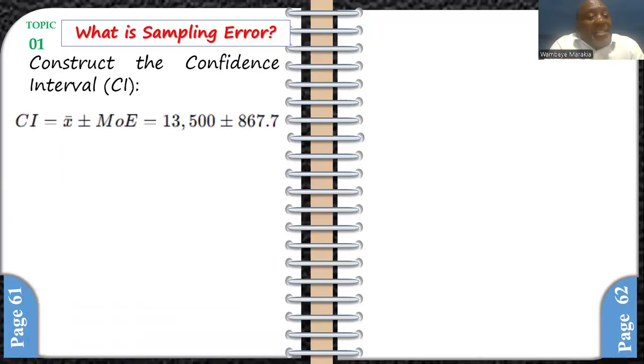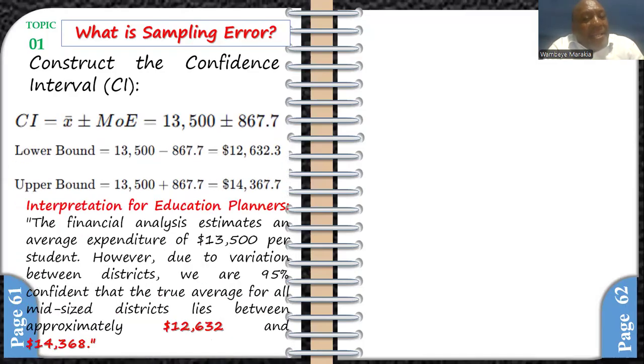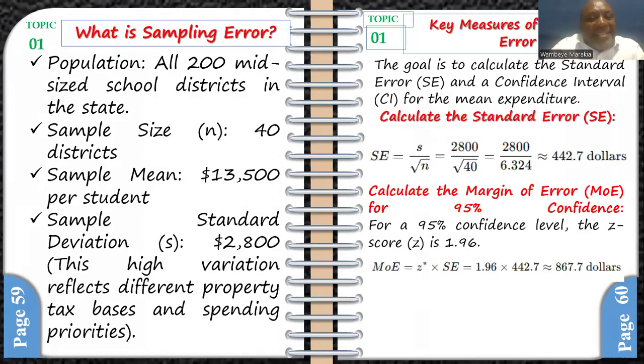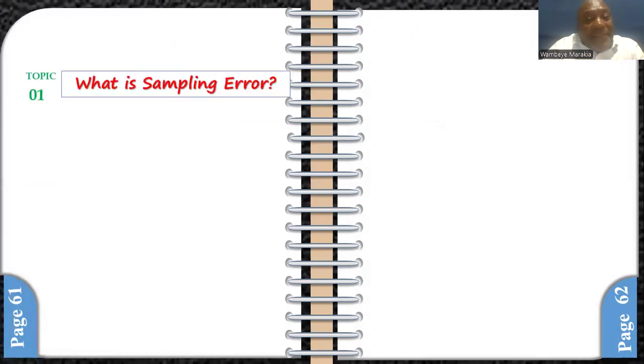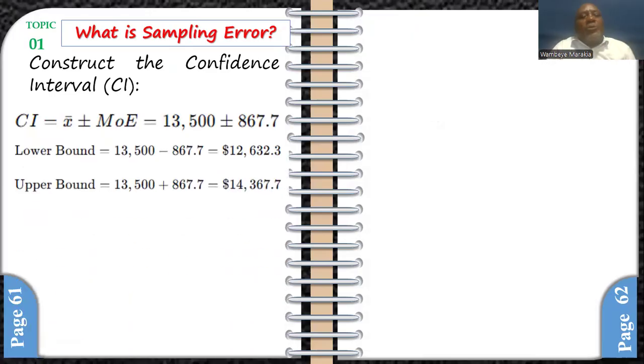The confidence interval is the mean plus or minus the margin of error. The mean, from what we had, was 13,500 plus our margin of error, so the upper bound and the lower bound.